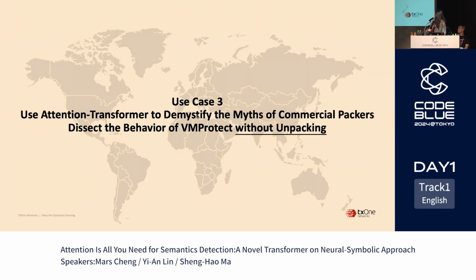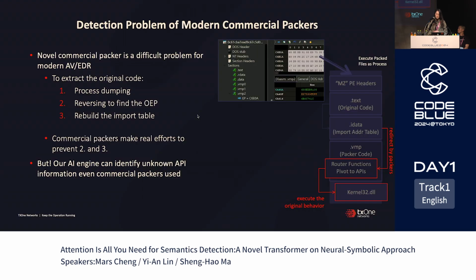So now let us move on to the last use case, where we attempt to dissect the behavior of commercial packers without unpacking those programs. Before delving into how our engine works, we need to first see the detection problem of modern commercial packers.